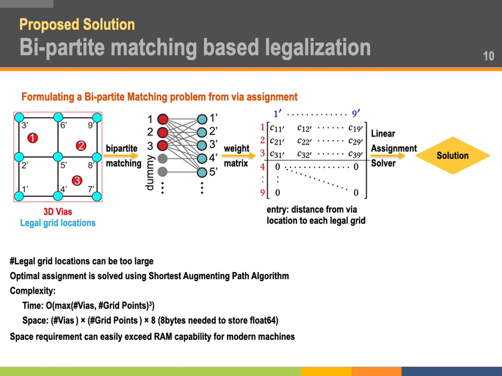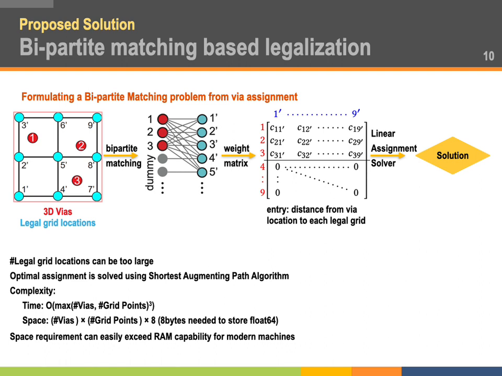We first create a bipartite matching where each VIA is matched to all the legal locations, and the cost of each matching is basically the distance between each VIA and a legal location. Because we will always have fewer VIAs than the number of legal locations, we add a lot of dummy VIAs so that we can form a complete bipartite matching.